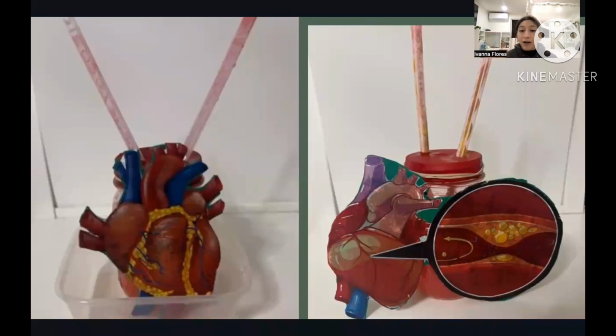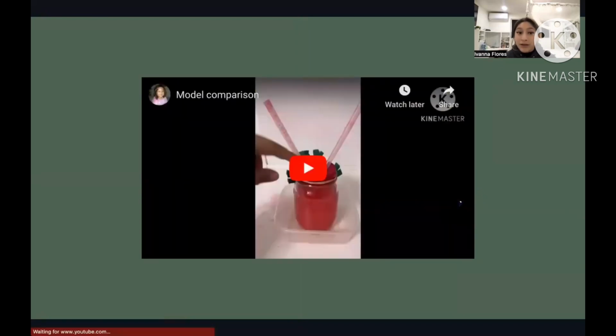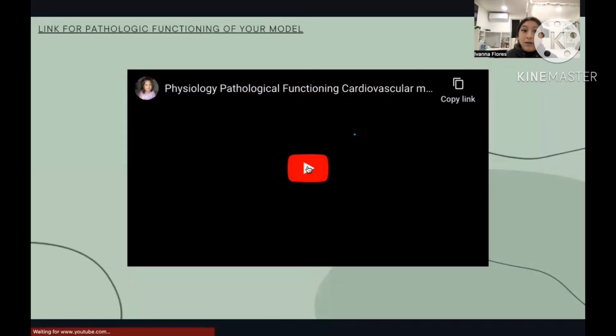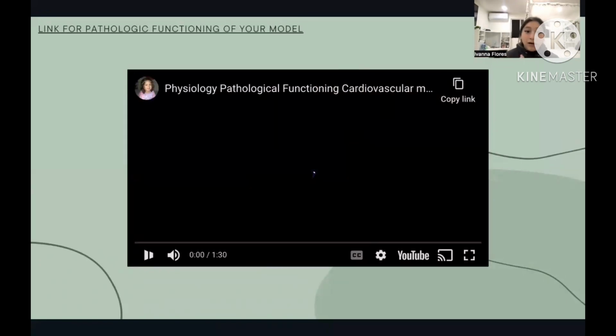On the left, my left, you have the normal functioning model I used, and on my right you have the pathological model I decided to do. As I said, I decided to do coronary artery disease. So I'll show you next the video of the pathologic functioning of my model.